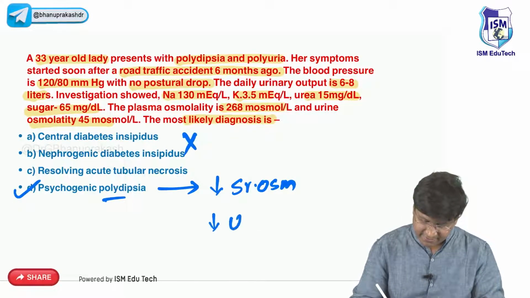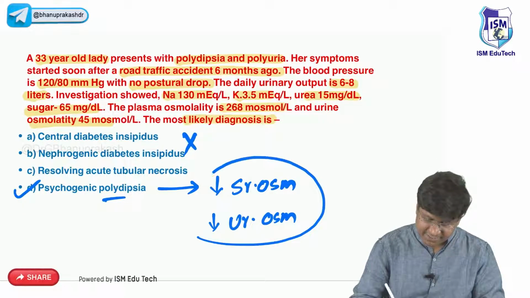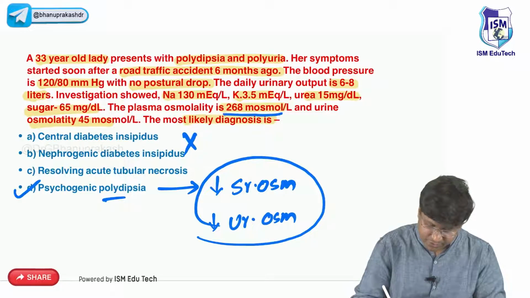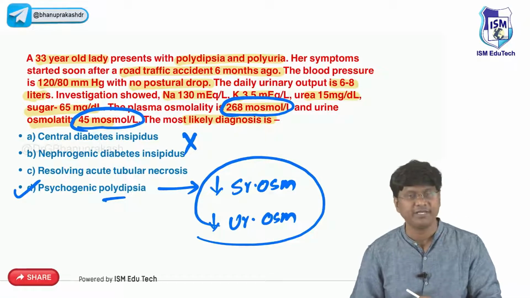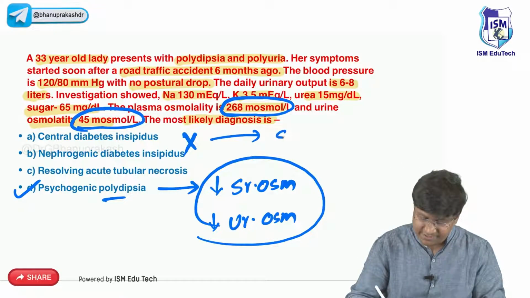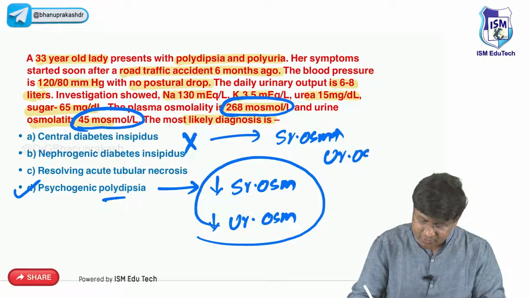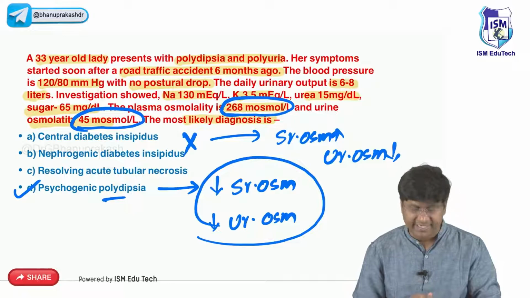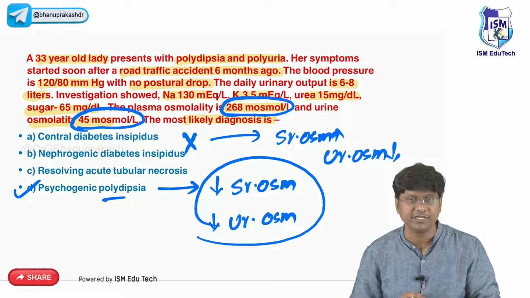Thereby, there will be a decrease in urine osmolality as well. So in psychogenic polydipsia, both plasma osmolality and urine osmolality are reduced. Whereas in diabetes insipidus, the serum osmolality is increased and urine osmolality is decreased. So the correct answer here is D, psychogenic polydipsia.